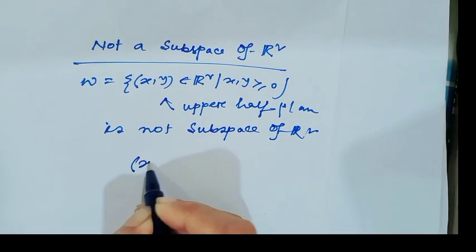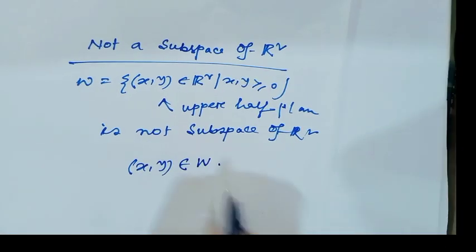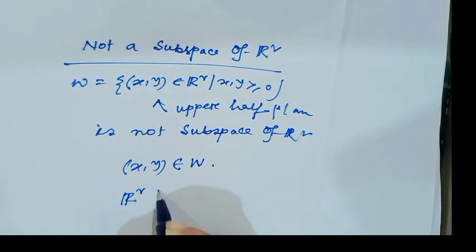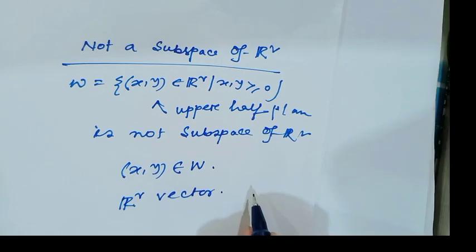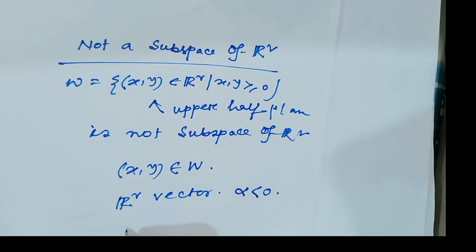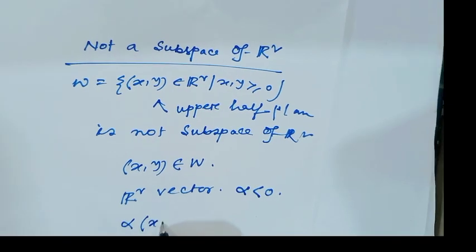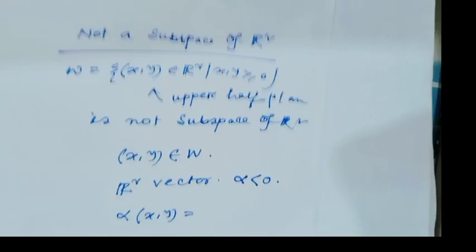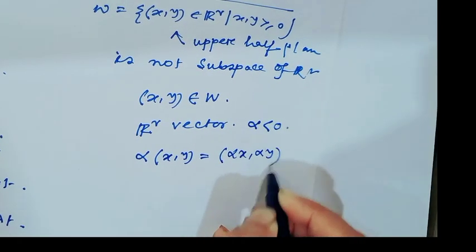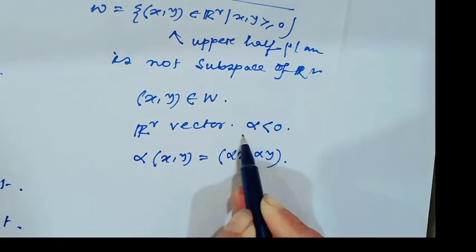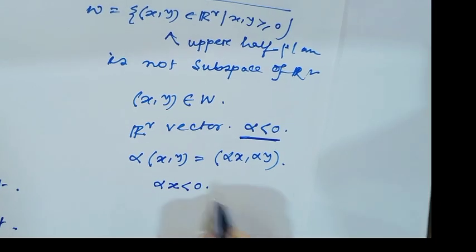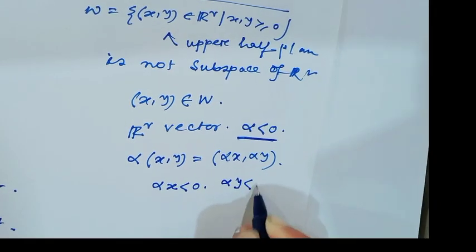consider a vector (x, y) in the space W. Since R2 is a vector space, we can take a scalar alpha which is less than 0. Then the scalar multiplication alpha times (x, y) would be (alpha x, alpha y), and since alpha is less than 0, alpha y would be less than 0.